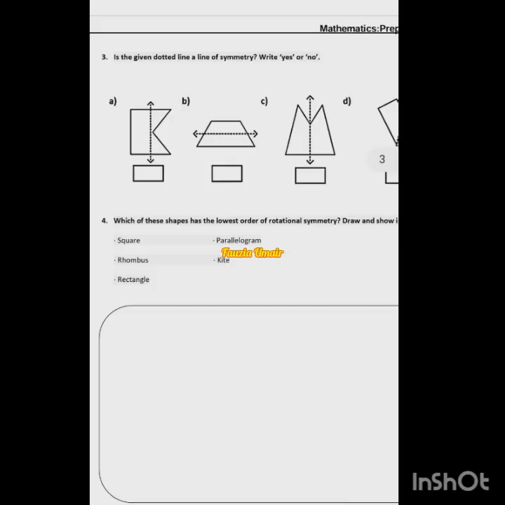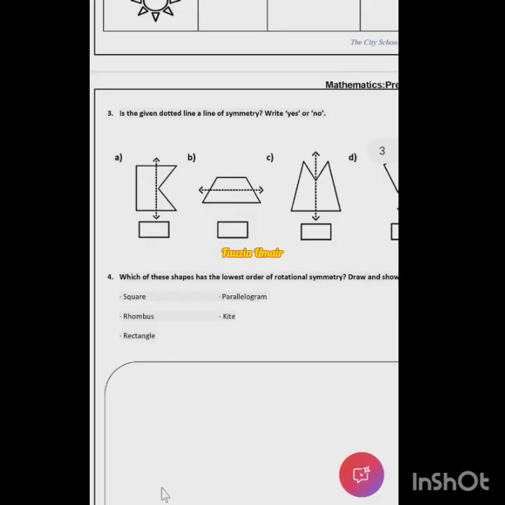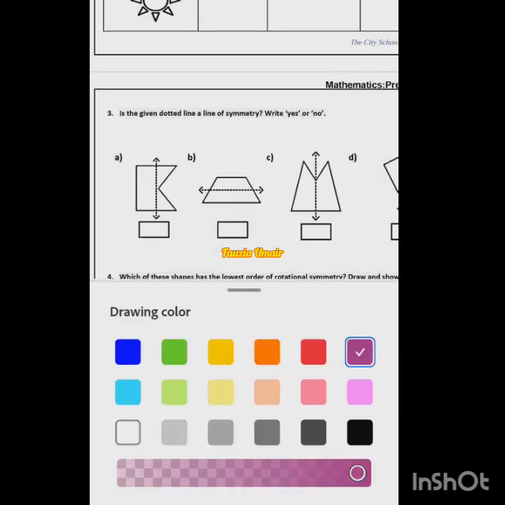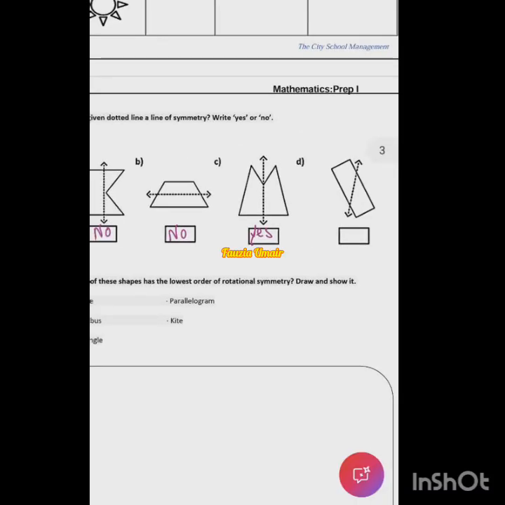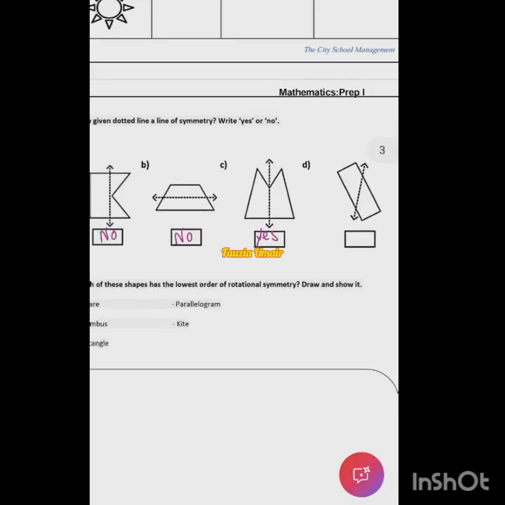The first one is a no. The second one is also a no. What about the third one? Yes. What about part D? No. That's right.